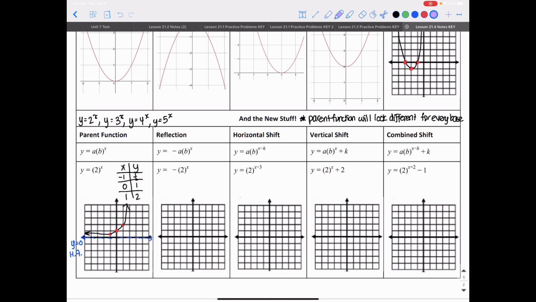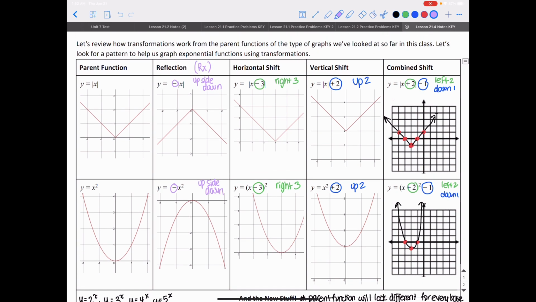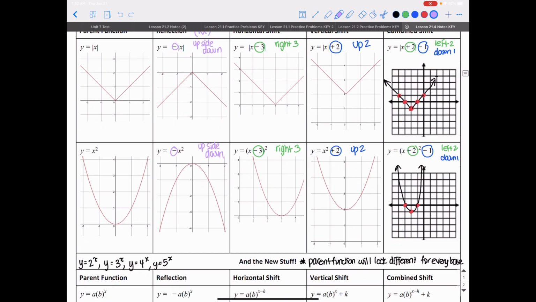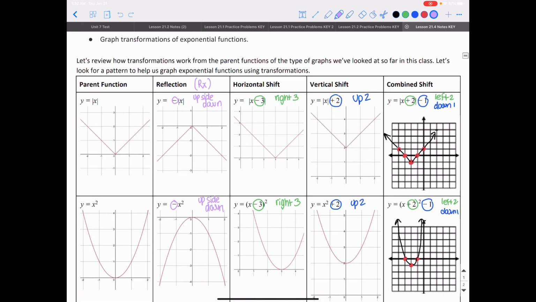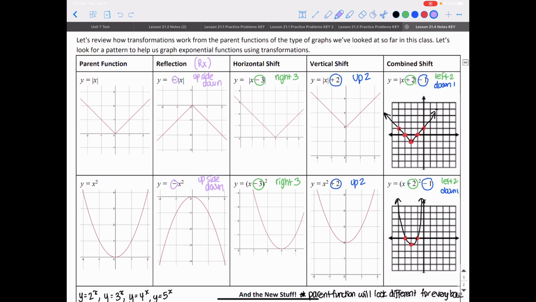If I want a reflection over the x-axis, or I want to flip this graph upside down, I'm going to have a negative in front of 2 to the x power, if I'm talking about base 2. Just like for the other examples, I have a negative in front. So I'll have -2 to the x power. What's actually happening to the values in my points when I put the negative in front? I have 1, 2 and 2, 4 here.